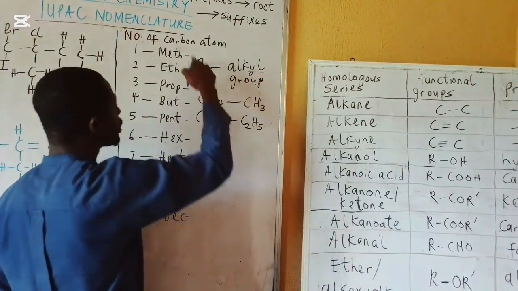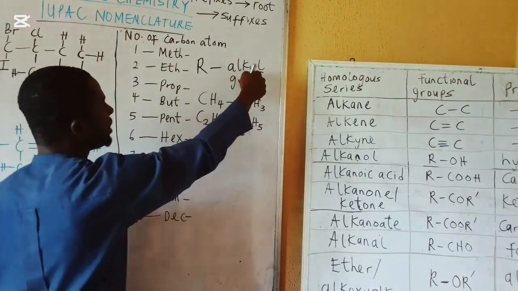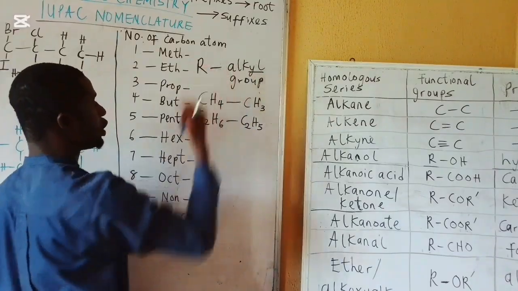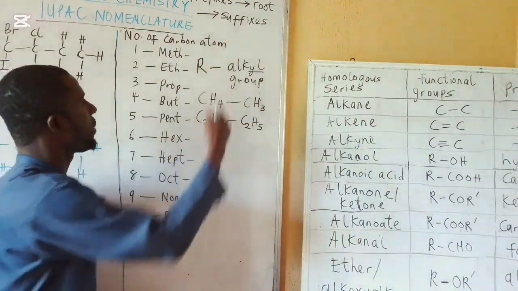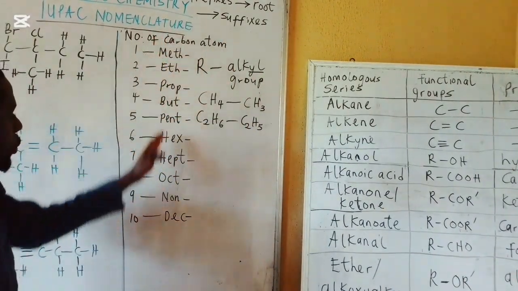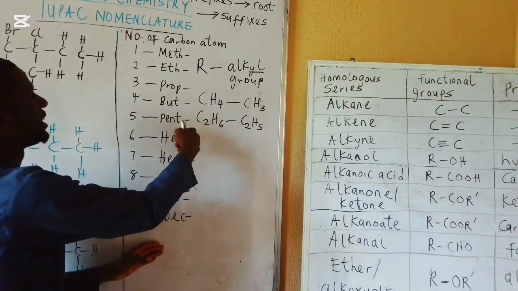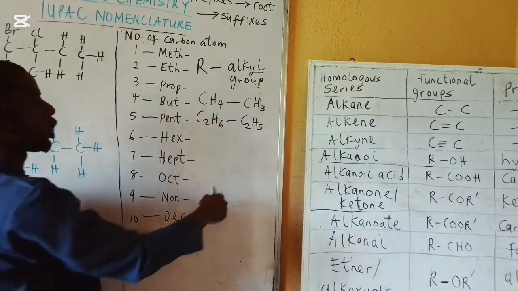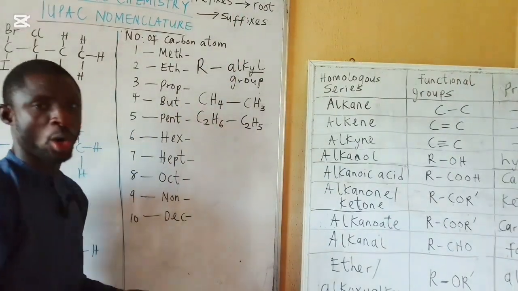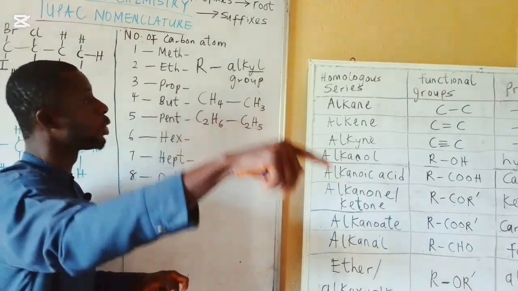Just put YL, because this is the suffix for this group. The root is constant, but what will end this root depends on the suffix of a group or a homologous series.